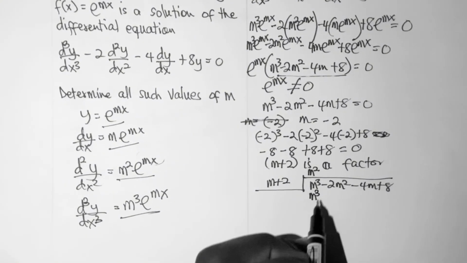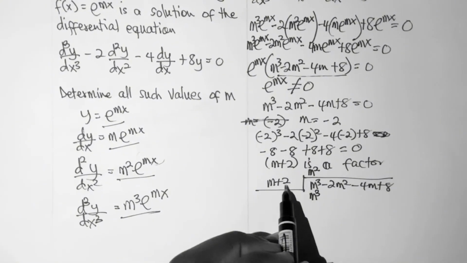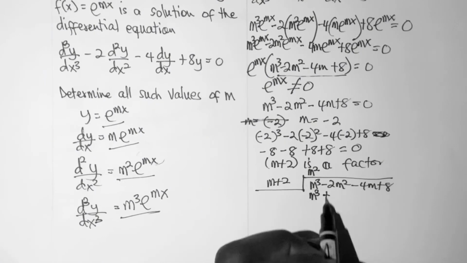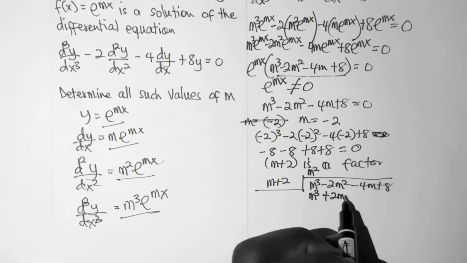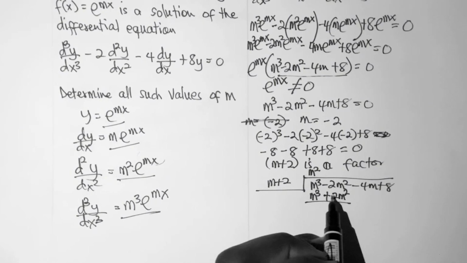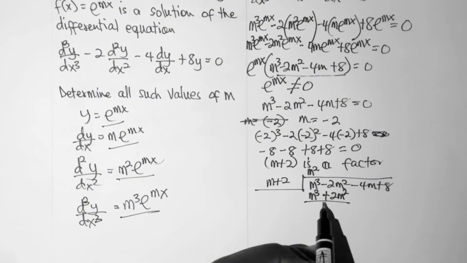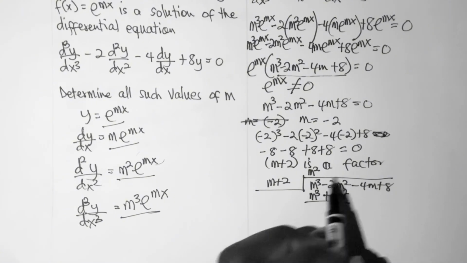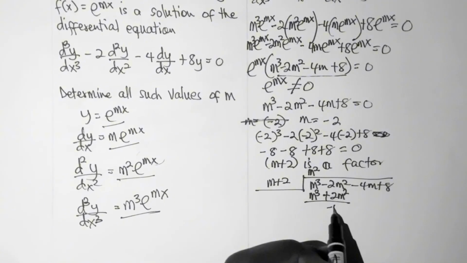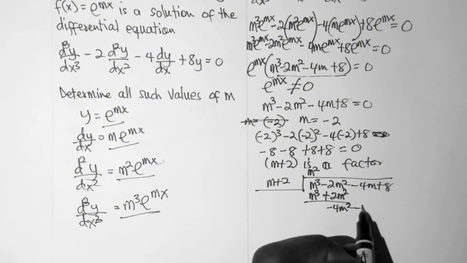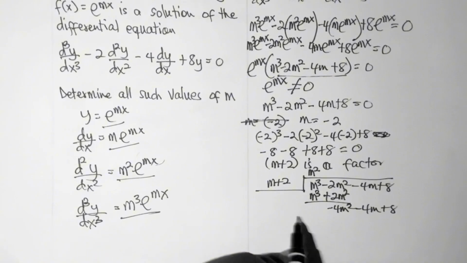So here is m cubed. Then m squared times 2 becomes plus 2m squared. If we subtract, m cubed minus m cubed gives 0. Minus 2m squared minus 2m squared becomes minus 4m squared, then minus 4m plus 8.